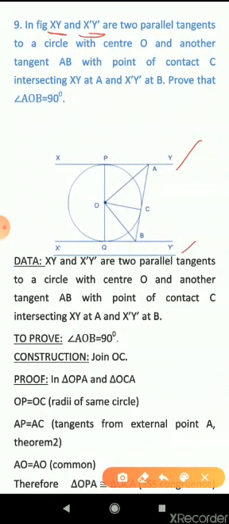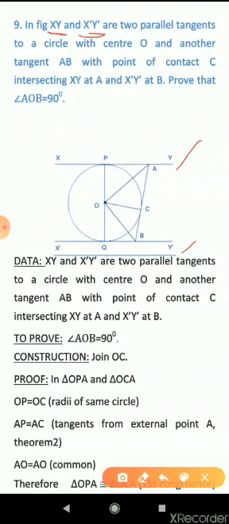How many tangents do we have? 2. And another tangent AB, with point of contact C, intersecting XY at A and X dash Y dash at B. Prove that angle AOB is equal to 90 degrees.